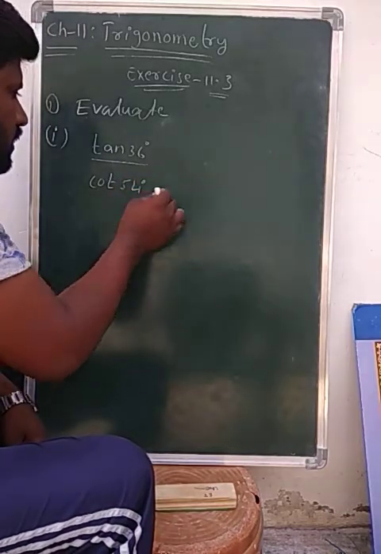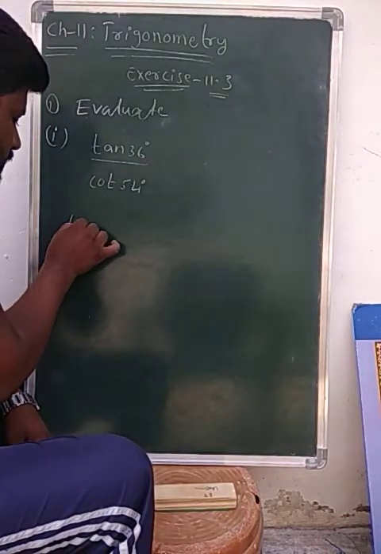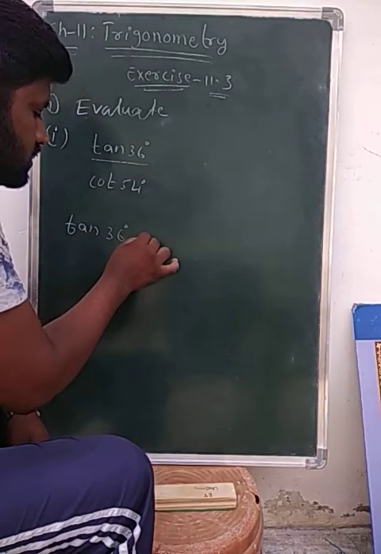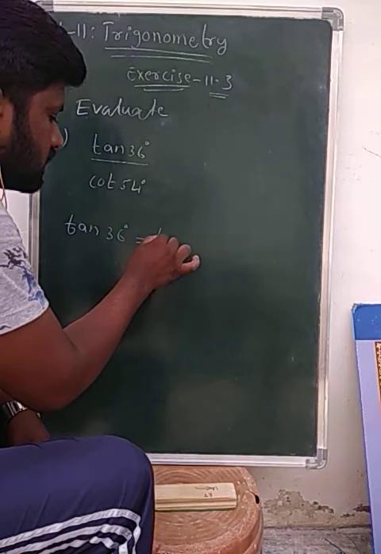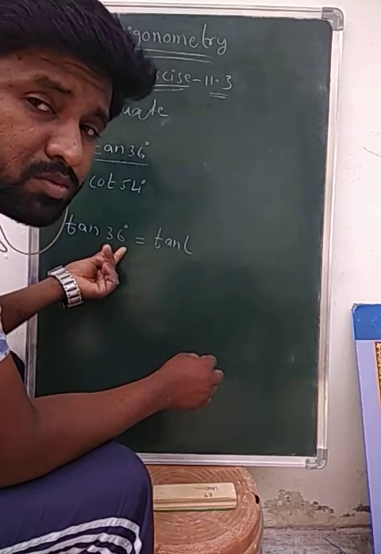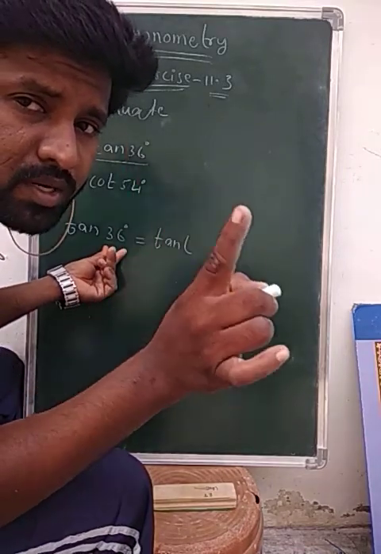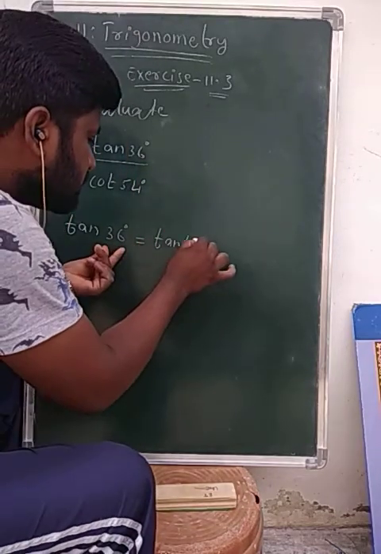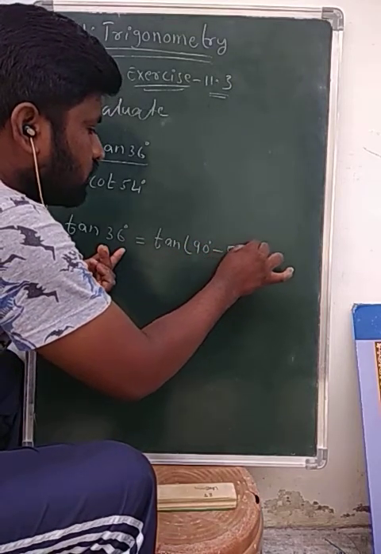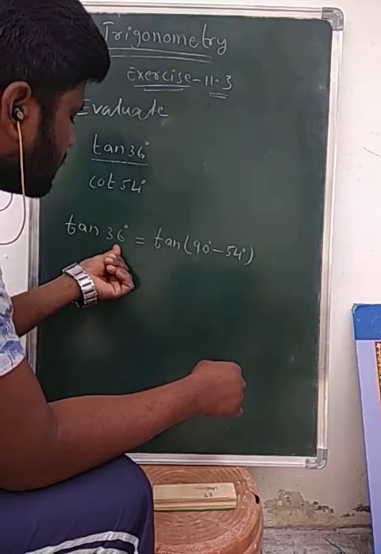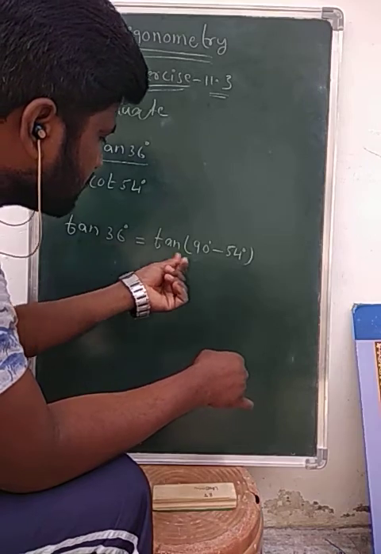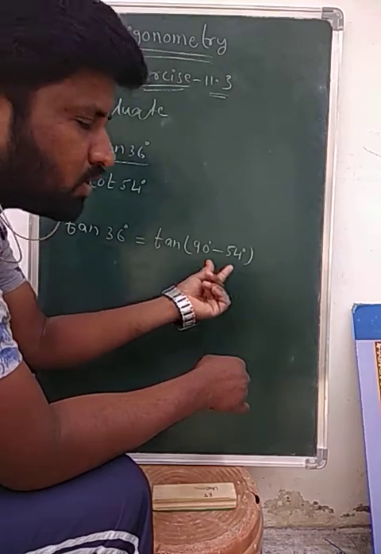I am writing tan 36 degrees. Since the problems are based on T ratios of complementary angles, we can write 36 degrees as 90 minus 54 degrees.